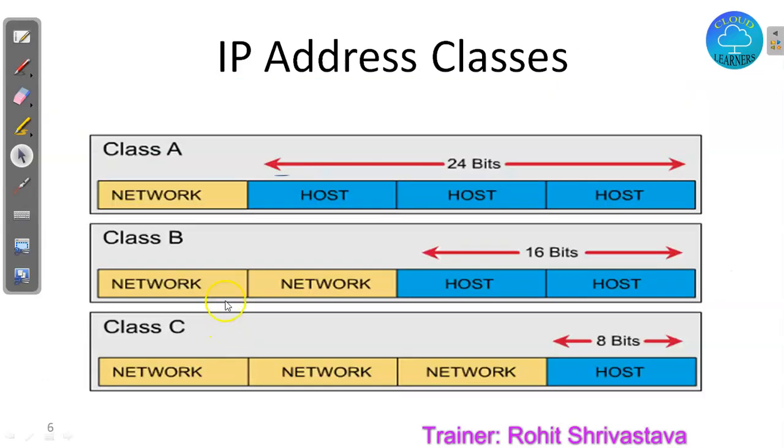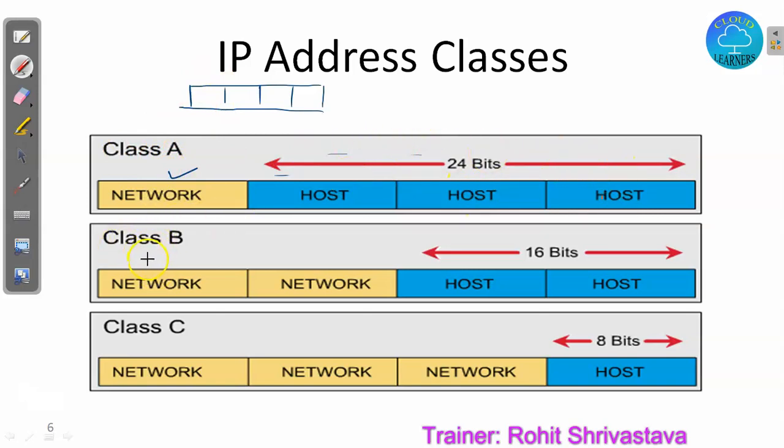Apart from it, class A has the range from 1 to 127. In class A, as we know, we have 4 octet groups. The first octet is reserved for the network and the remaining 24 bits, meaning 8 plus 8 plus 8, are reserved for the host.